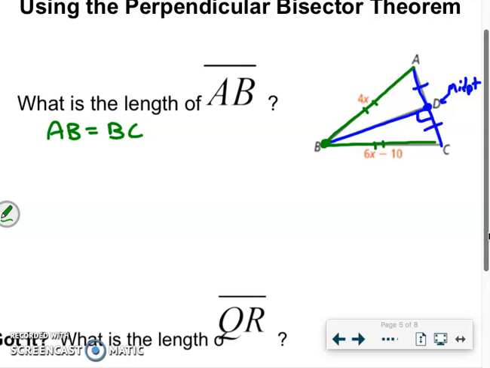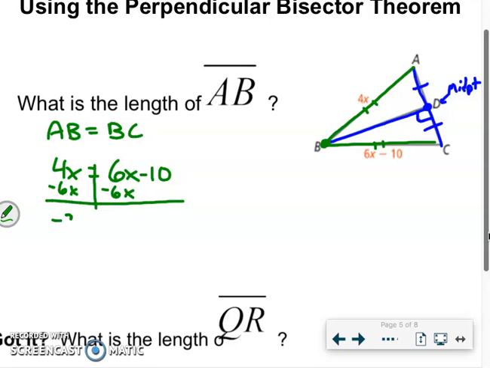Using substitution, AB is 4x, BC is 6x minus 10, and then I can solve this for x. I can subtract both sides by 6x, giving me negative 2x equal to negative 10, dividing by negative 2, giving me x equaling positive 5.